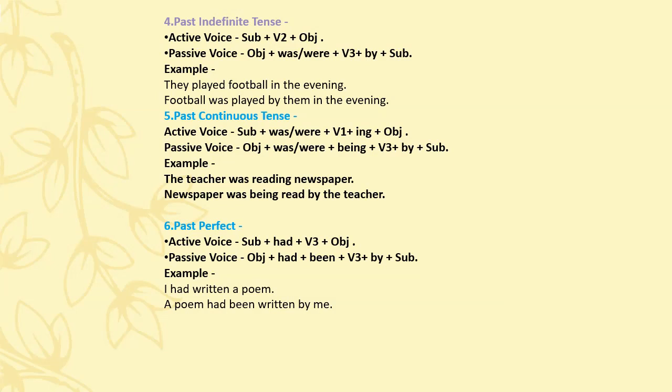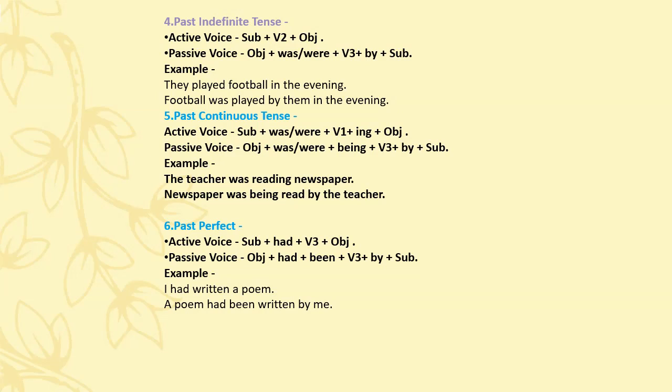Passive voice: object, as I told you, would become subject plus had plus been, because it is perfect tense, plus V3 plus by plus subject. I had written a poem. So a poem is your object, so it becomes your subject. A poem had been, since I told you, no issues over here.